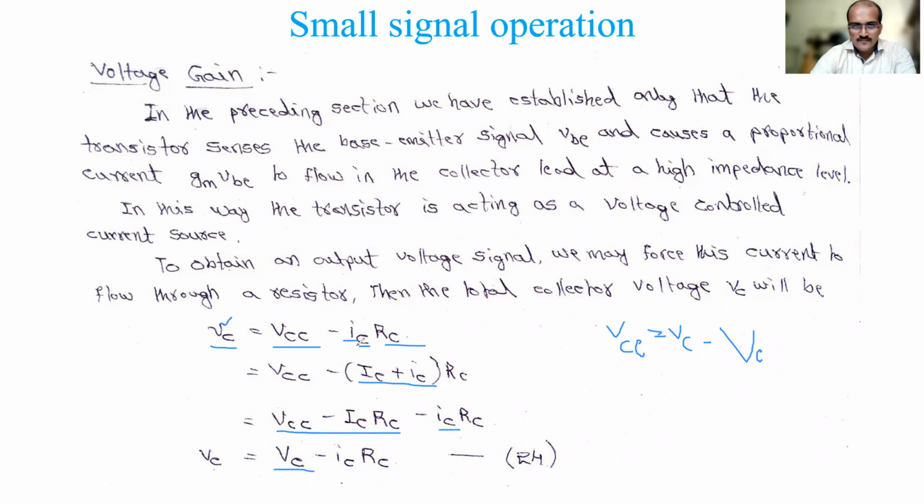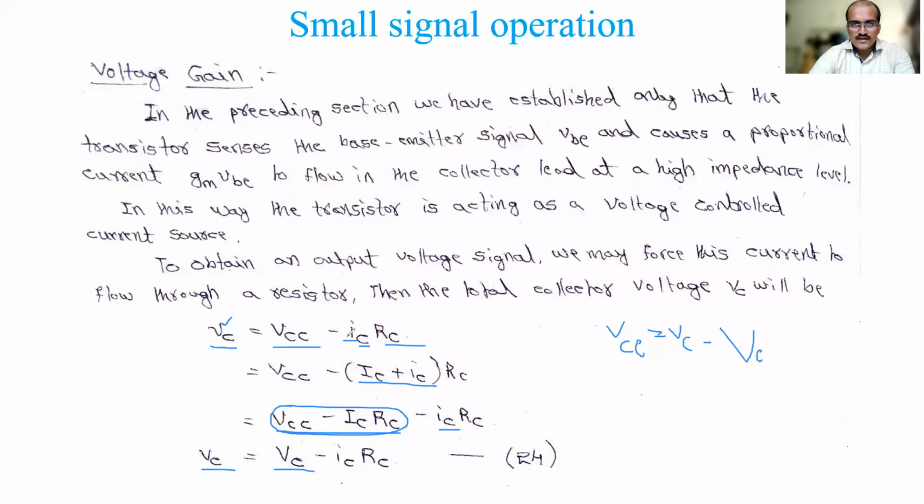Now all are capital here. Here you have the DC current; here you had the instantaneous current. So this can be replaced by the collector voltage at DC, where both letter as well as subscript are capital. Here it was small, here it is now capital. So this minus IC into RC. Finally the collector voltage is VC equal to VC minus IC into RC.